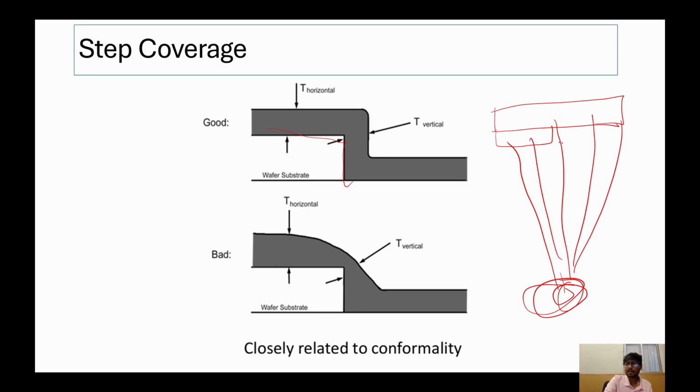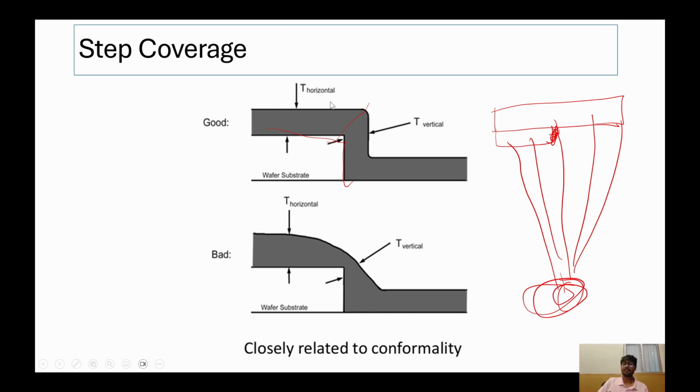So it won't get deposited on the side of this step. So you will get a very poor kind of step coverage, but you wanted this kind of step coverage, and this kind you can get in CVD and atomic layer deposition.